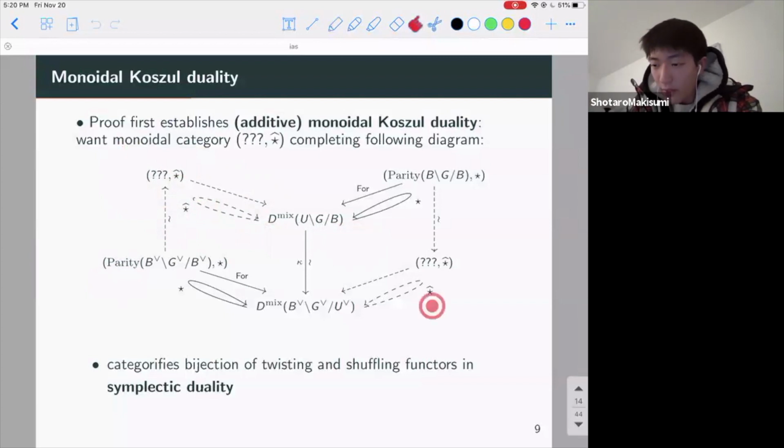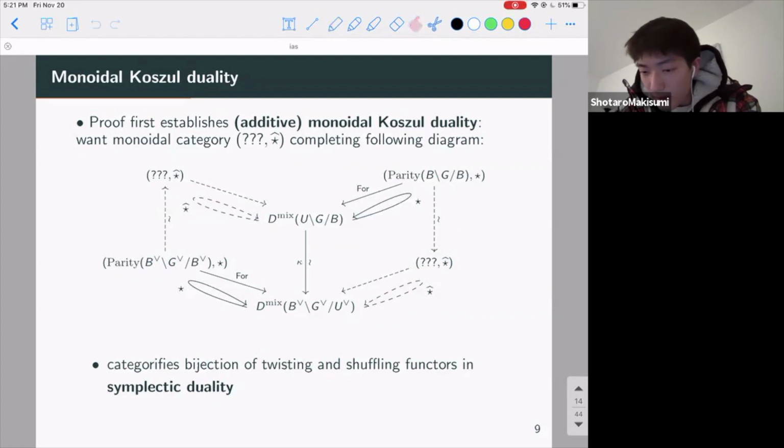And you can do the same thing for the other side. These two vertical equivalences are what I'm calling monoidal Koszul duality, or well, additive monoidal Koszul duality.